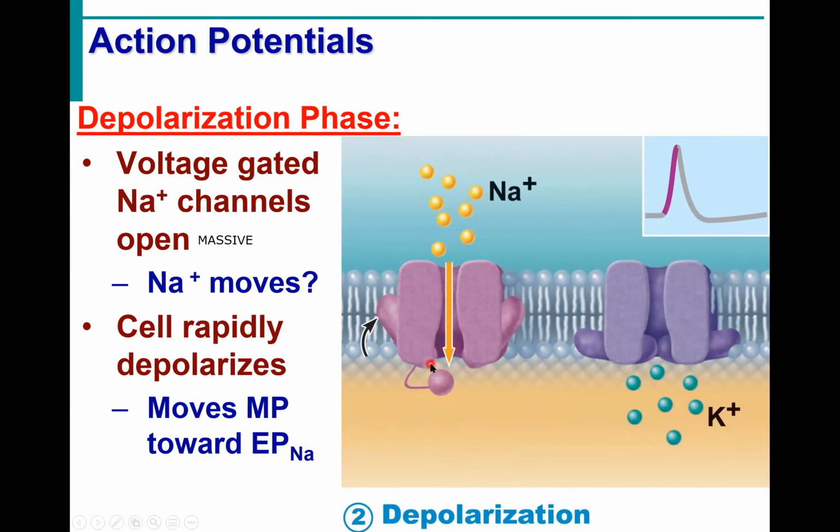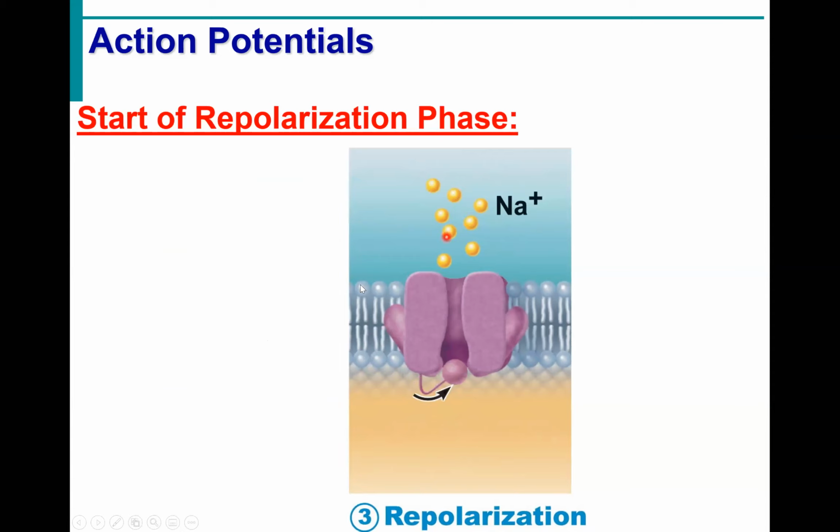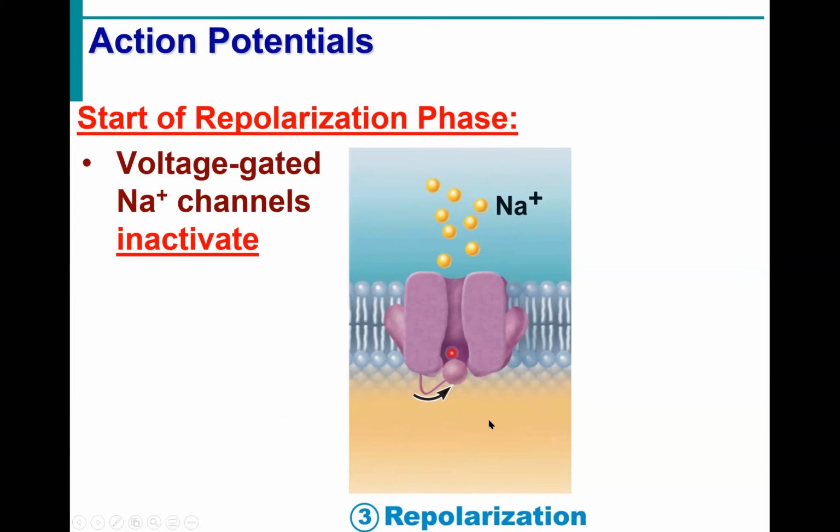All right? It wants to reach its equilibrium potential, but remember, it's not going to get there. It's going to get close, but it's not going to get there. And the reason it doesn't get there is 2 things happen. The first thing that happens, as we see here, is that pesky ball has wedged itself into the channel. Our channel is now inactive.